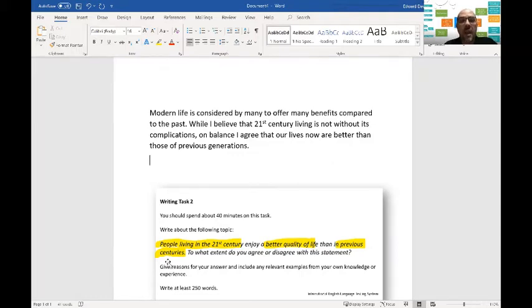Because I'm in this paragraph, I'm arguing the opposite side to the overall essay. I'm arguing for life in the past here. I want to use a structure to show that. So I could say, for example, admittedly, there are many, did I use the word complications? Yes, I did.